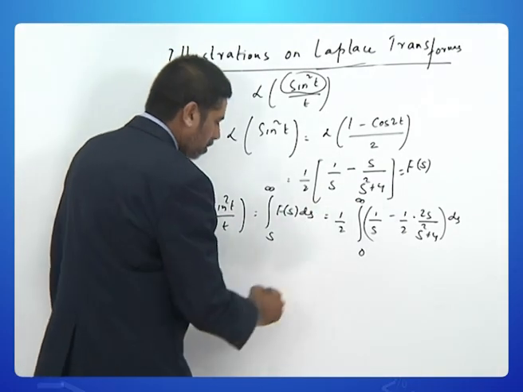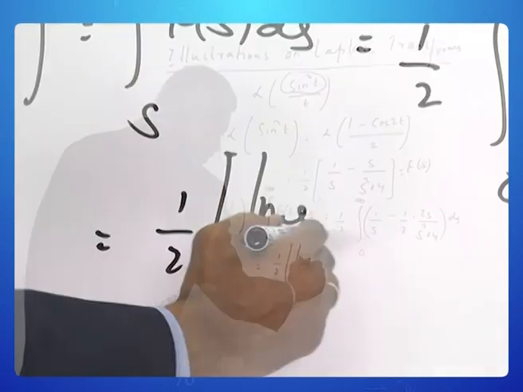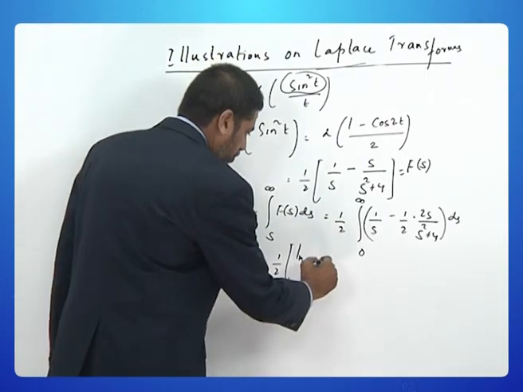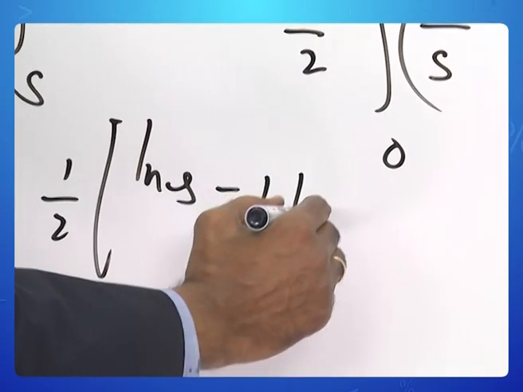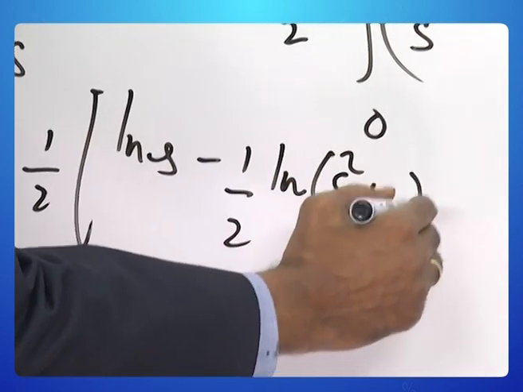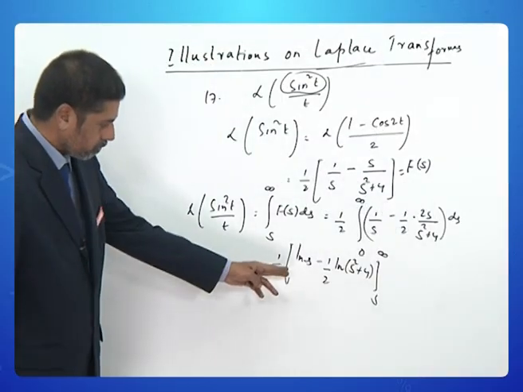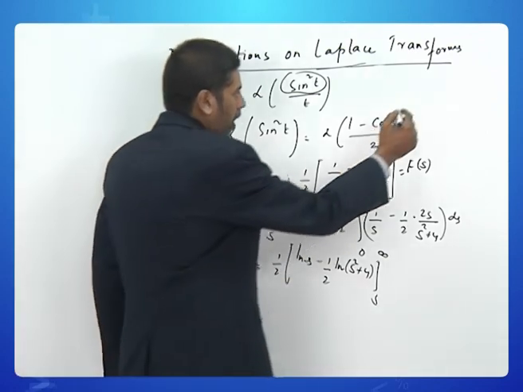And what do you get? Half log s minus half log s square plus 4, right?